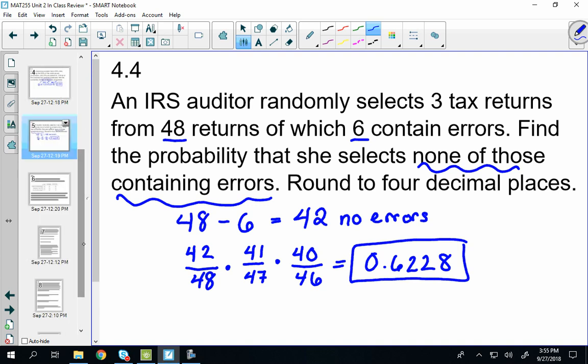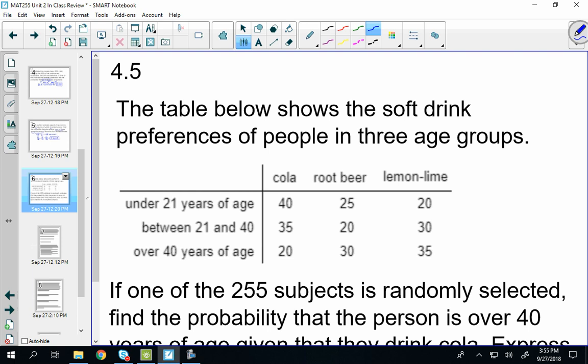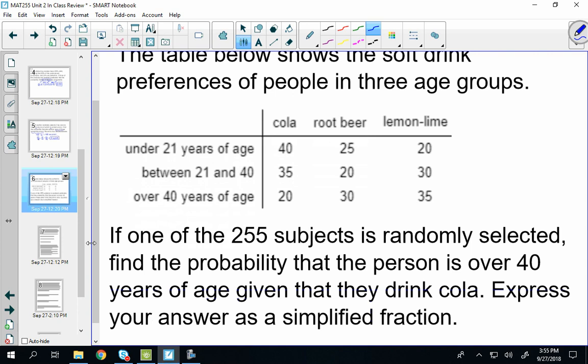If we look at one from section 4.5, sometimes these conditional probabilities can be a little difficult. It says the table below shows the soft drink preferences of people in 3 age groups. If one of the 255 subjects is randomly selected, find the probability that the person is over 40 years of age, given that they drink cola.